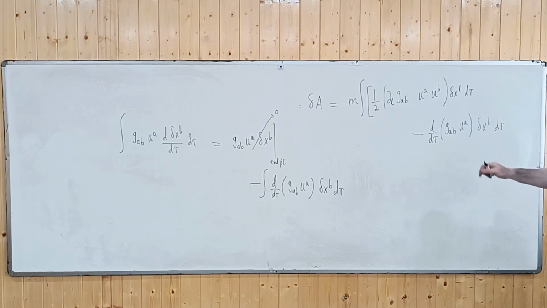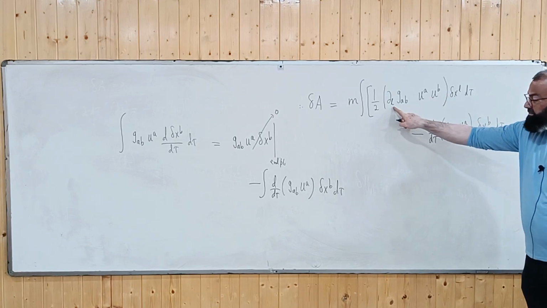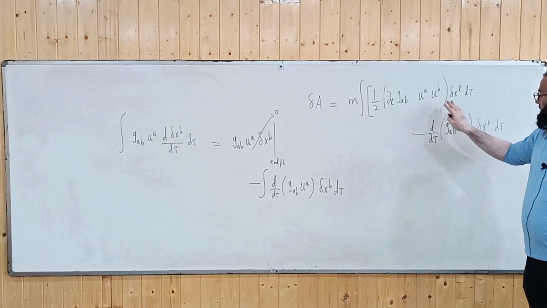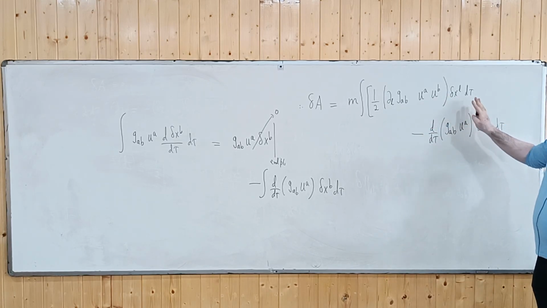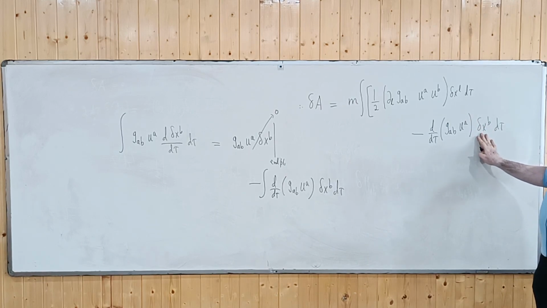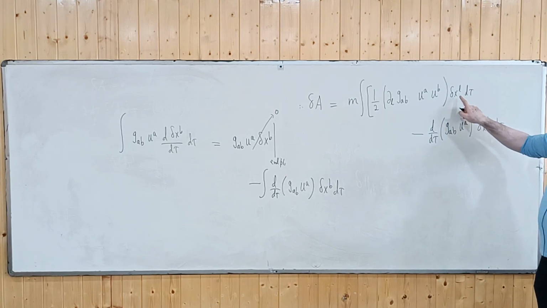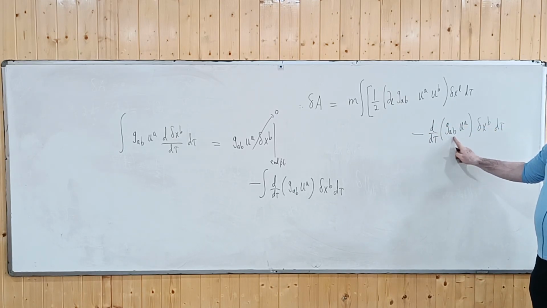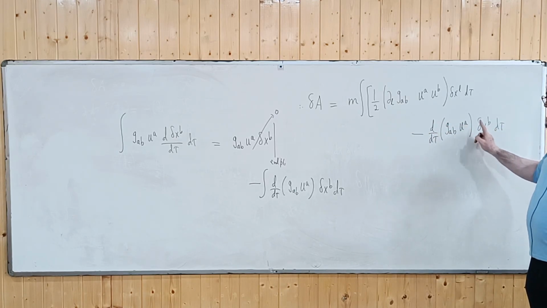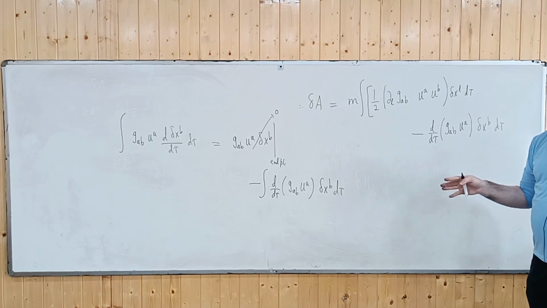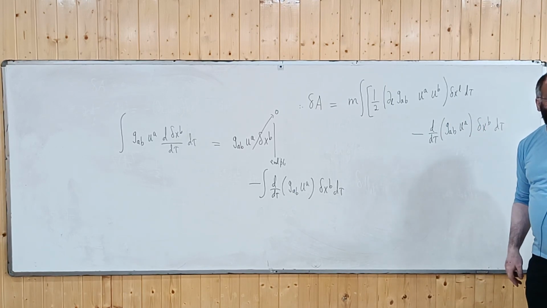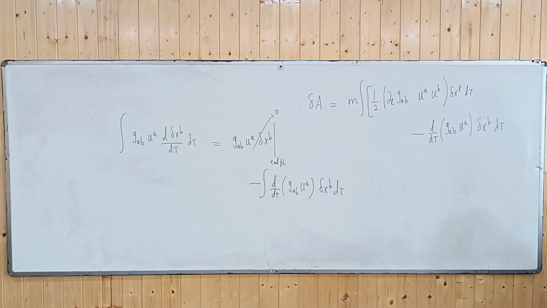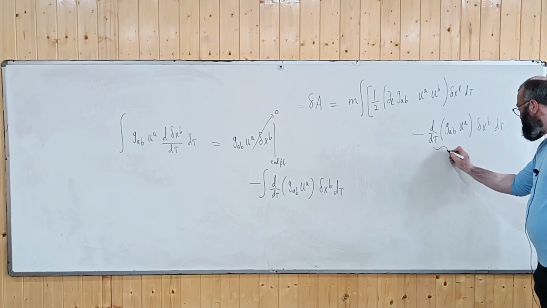Okay, now look here, you are having L is a dummy variable, isn't this? Okay, so this contains this delta x d tau, this also contains delta x d tau. Here L is a dummy variable, here B is a dummy variable. You can use for this B same as what? L, because these terms are in the addition. Understood? Clear?